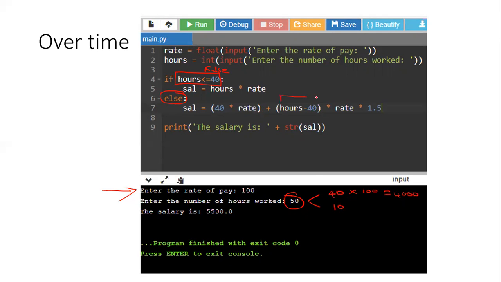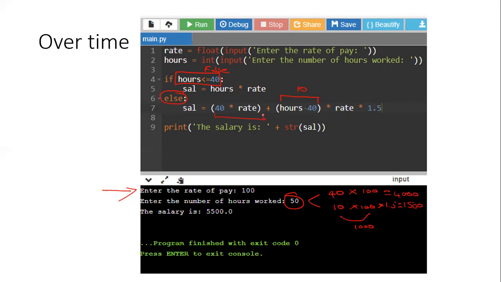And then the next hours, which is 50 minus 40, so that's the 10 hours. 10 hours times the rate, which is 100, times 1.5. So 10 times 100, that gives me 1,000. 1,000 times 1.5 will give me 1,500.